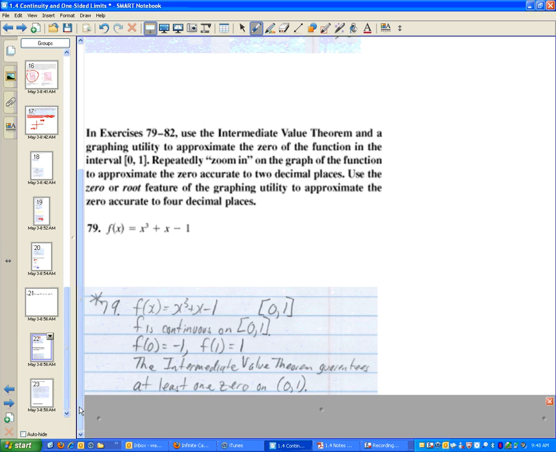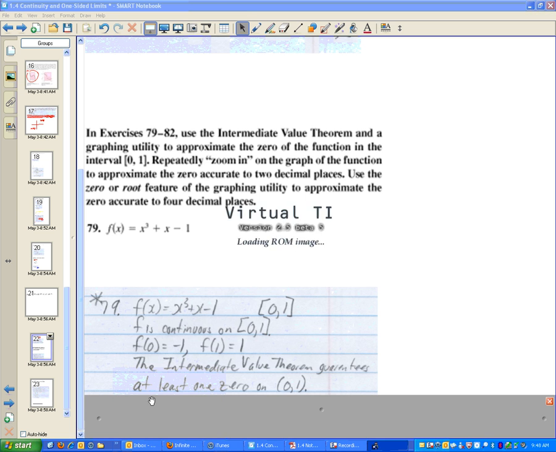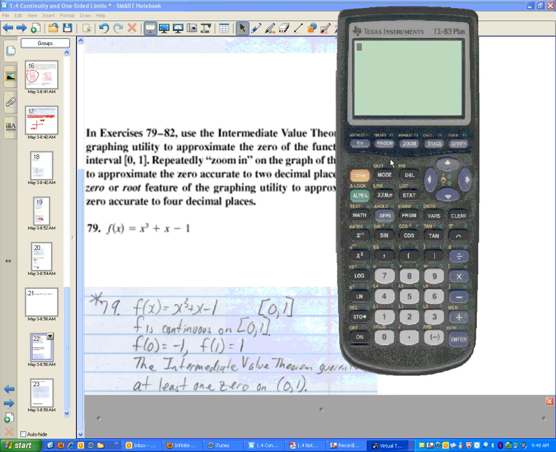All right, now, the way they want us to find it, let's use our calculator. Y equals x cubed plus x minus 1.